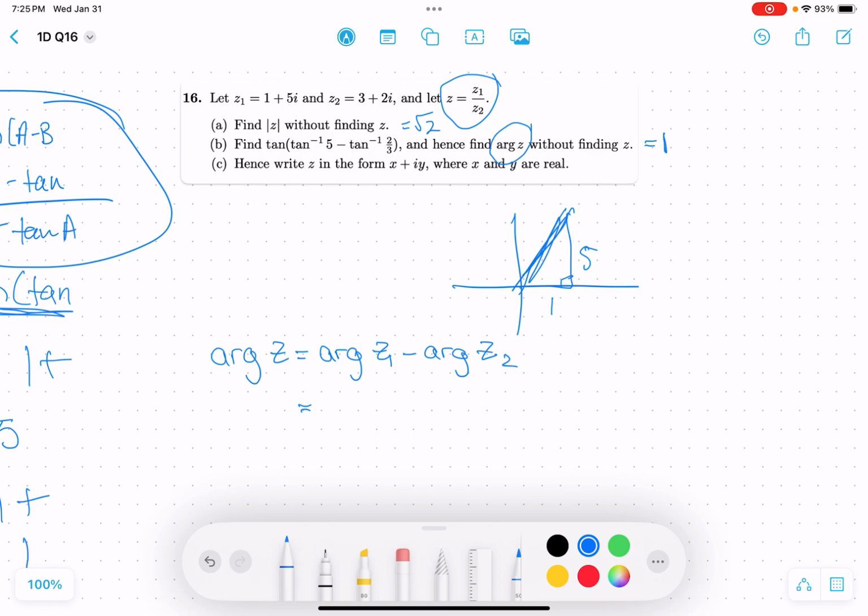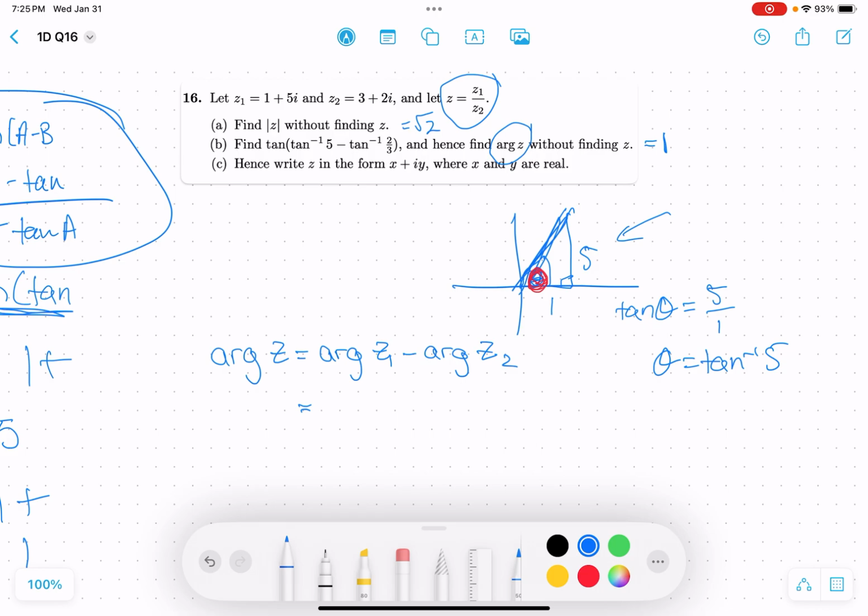Well, z1 is here, across 1, up 5. So we're looking for this angle here, the argument, there's my theta. So we know tan theta is rise on run, so 5 on 1, or 5. So the argument is inverse tan 5.